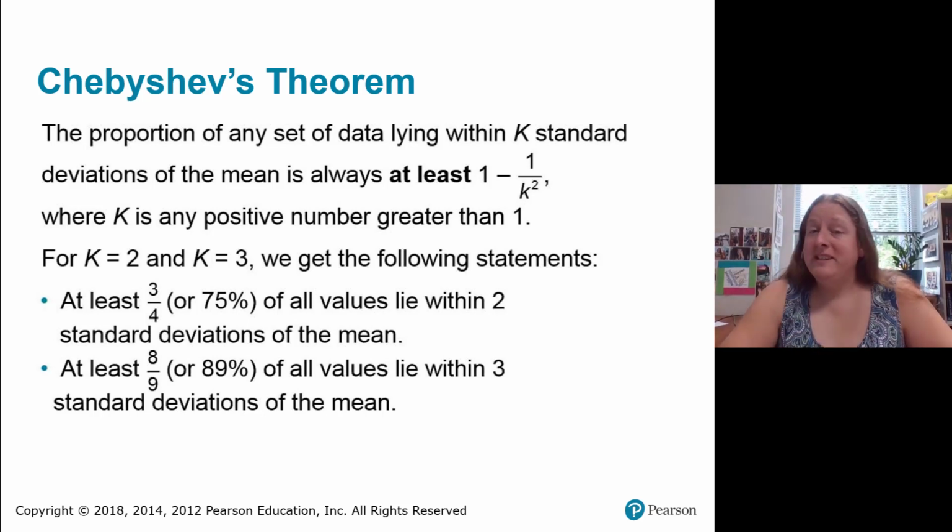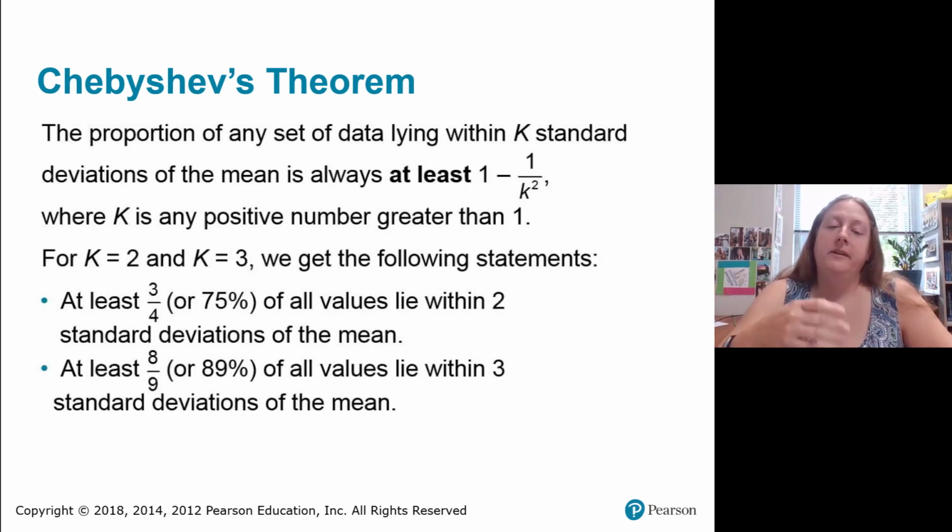So if the distribution isn't bell-shaped, we can use something called Chebyshev's Theorem. So this says that the proportion of any set of data lying within k standard deviations of the mean is at least 1 minus 1 over k squared, where k is any positive number greater than 1.